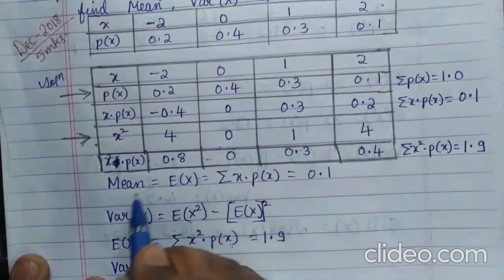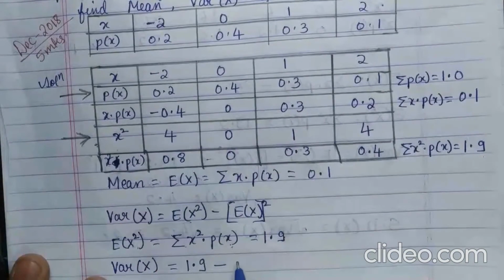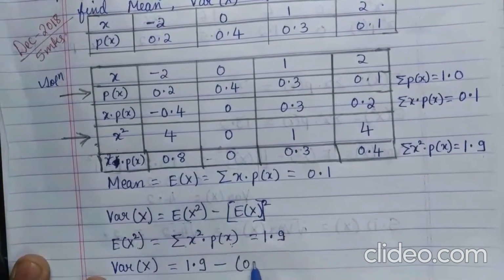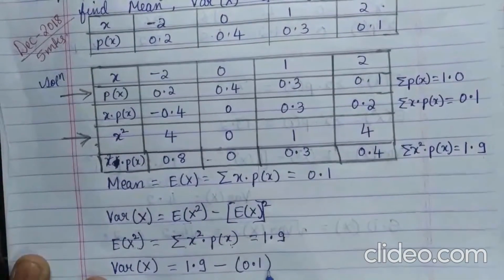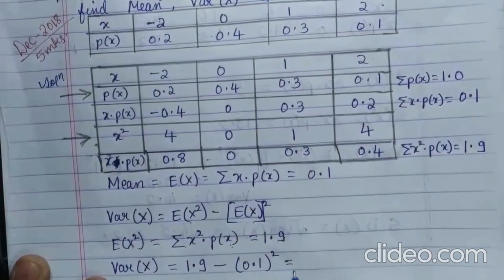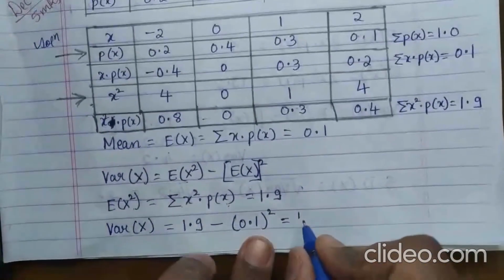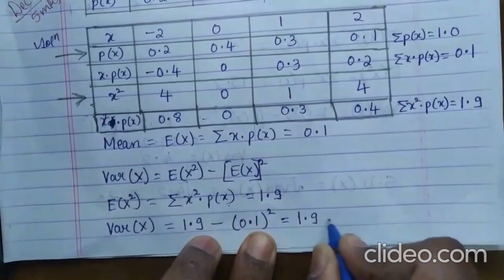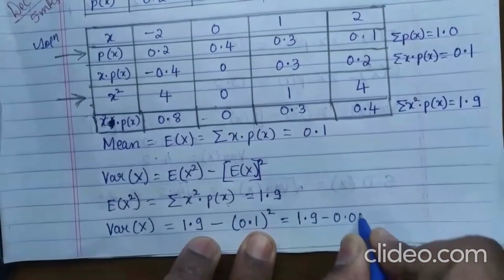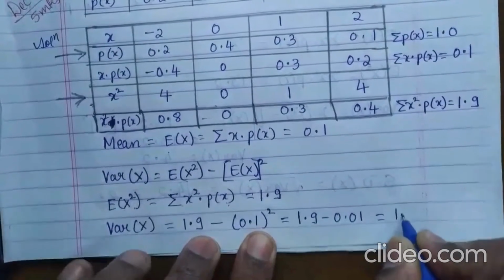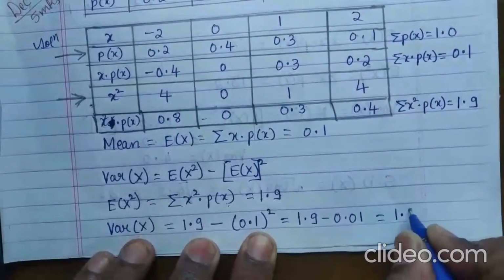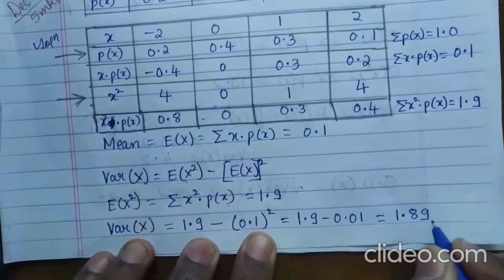E of x we have found out, that is 0.1. So 0.1 square, which is equal to 1.9 minus 0.01, which is 1.89.